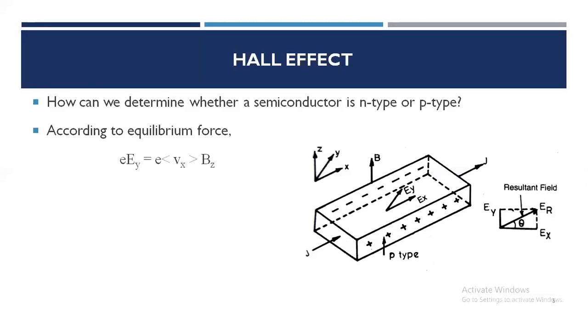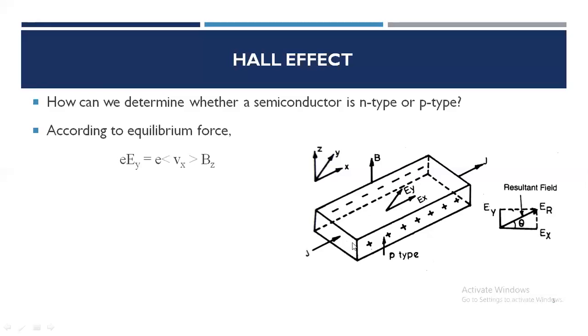Here you can see, due to the applied electric field Ex, the current density appears as J in this diagram.